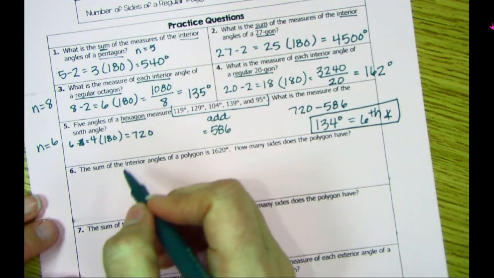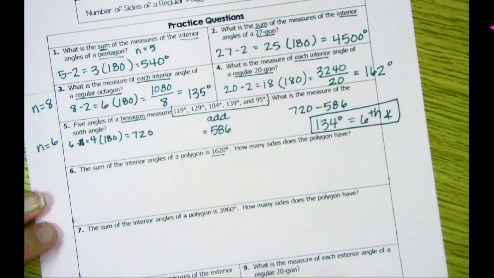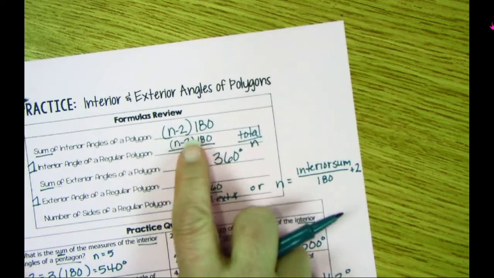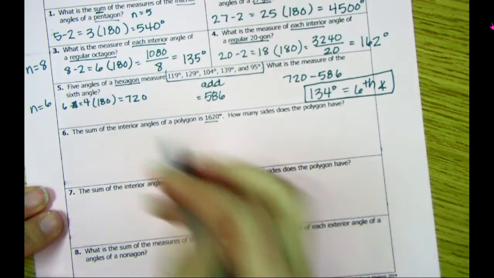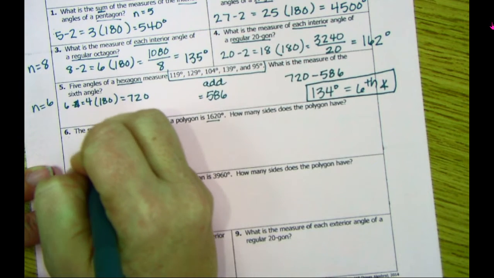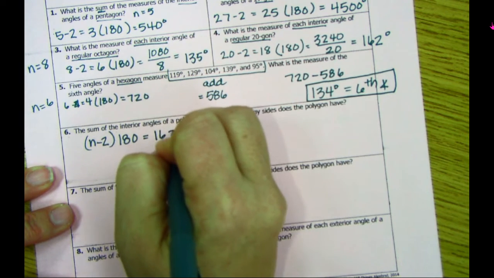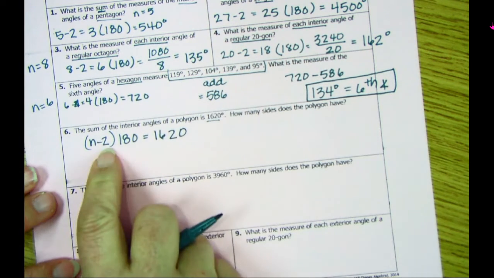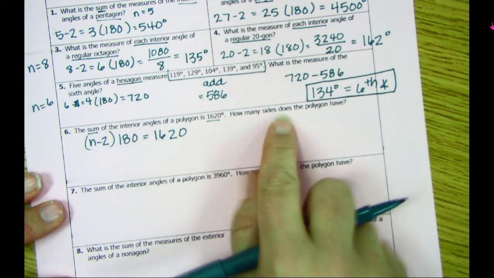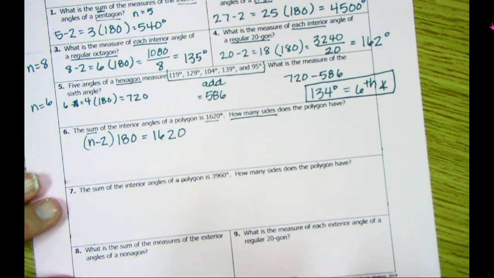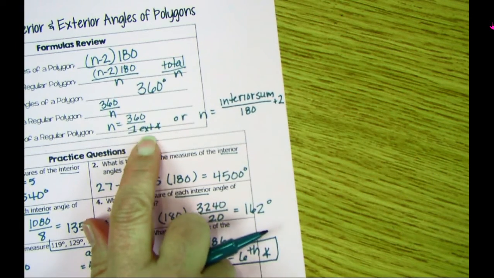The sum of the interior angles of a polygon is 1620. So they're telling me that n minus 2 times 180 is equal to the sum, which is 1620. Well, how many sides? Remember, when you're looking for the number of sides, if you're doing exterior, you do this formula.